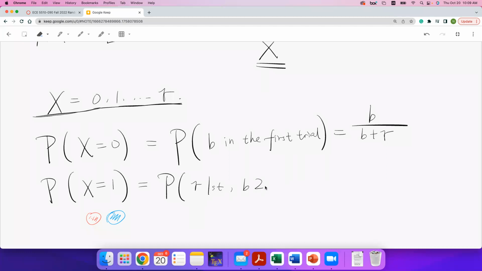Now tell me, what is the probability of selecting a red in the first trial and blue in the second trial, without replacement?